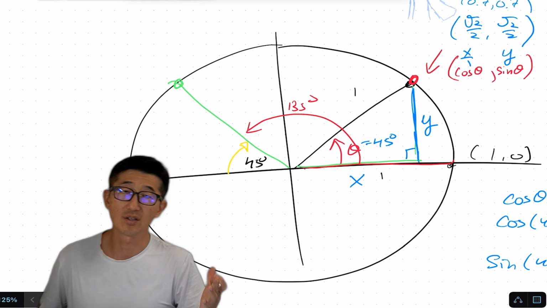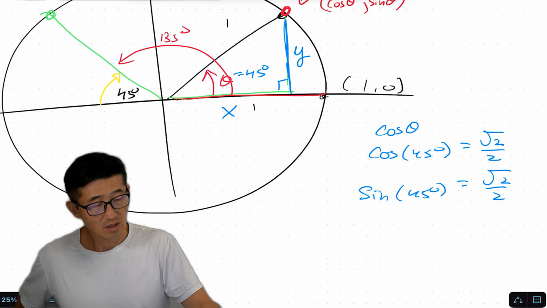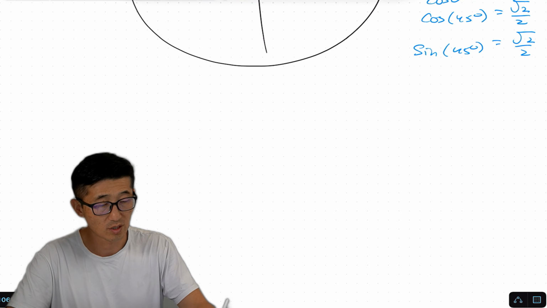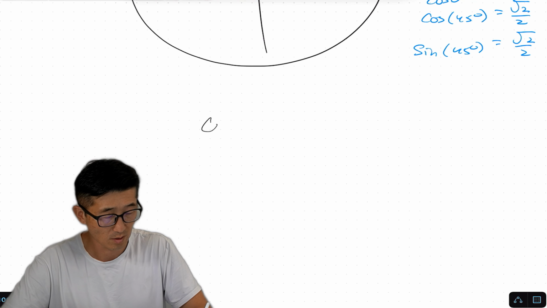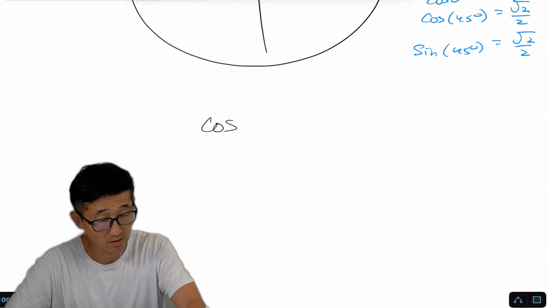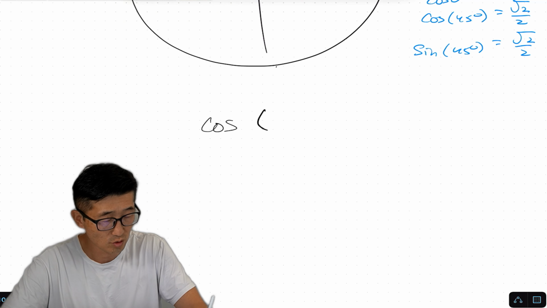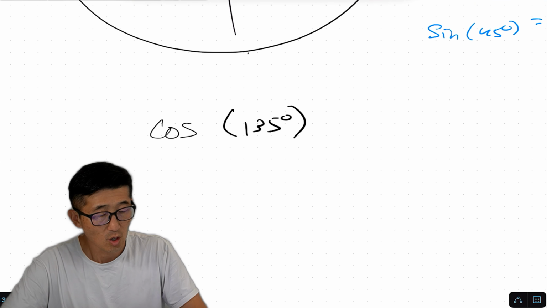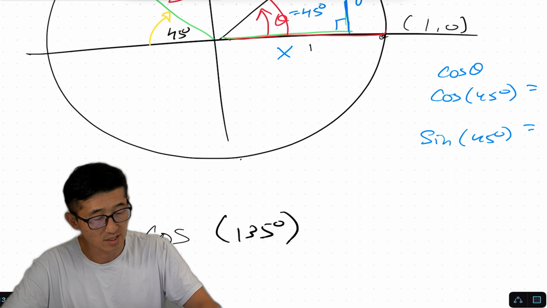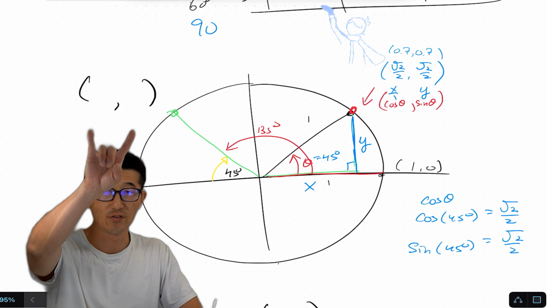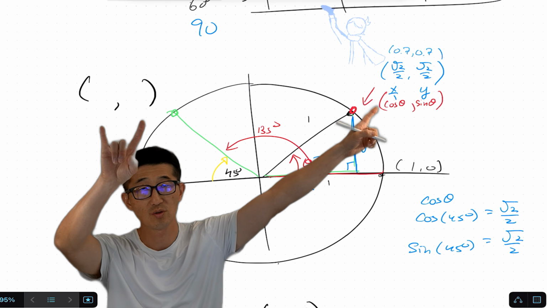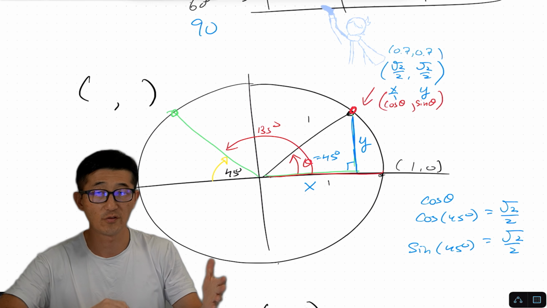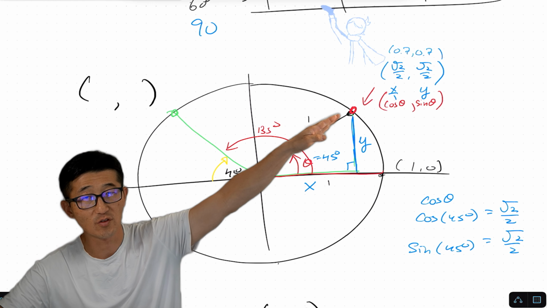So now, watch. In order to compute cosine of 135 degrees, right? Well, what do we know about this coordinate right here? Shouldn't the digits of these two be the same as those two? Yes. Because it's a mirror reflection, right? You went up 45 degrees this way.